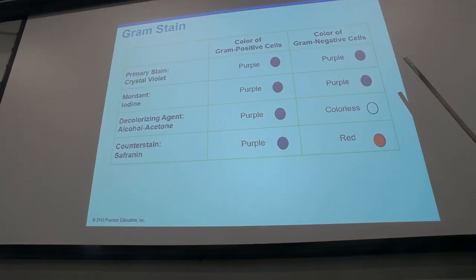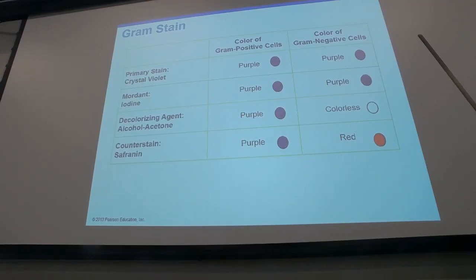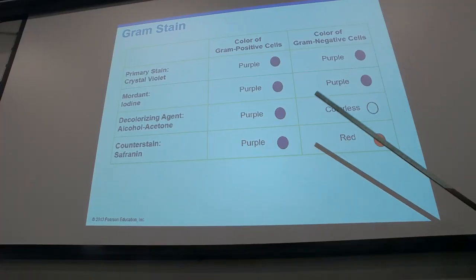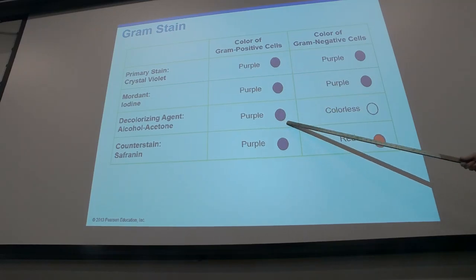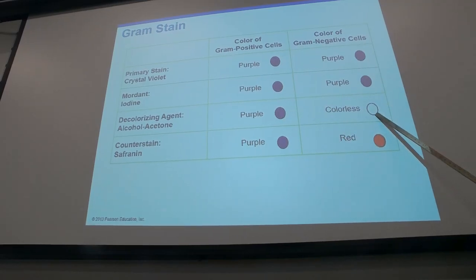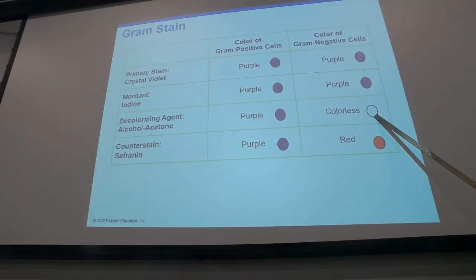Then you rinse, and then you add a decolorizing agent, which is alcohol, acetone alcohol, for 10 seconds, and then you rinse. After that, gram-positive bacteria will remain purple, while gram-negative will remain colorless.